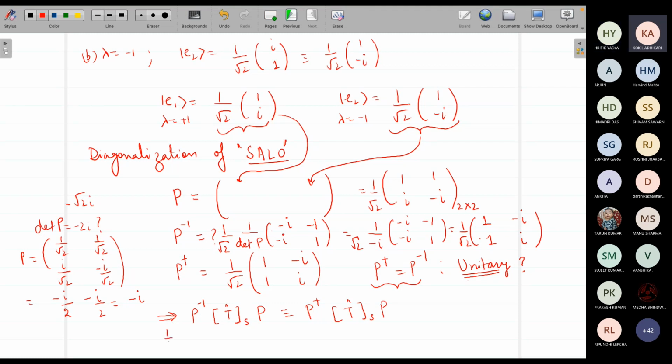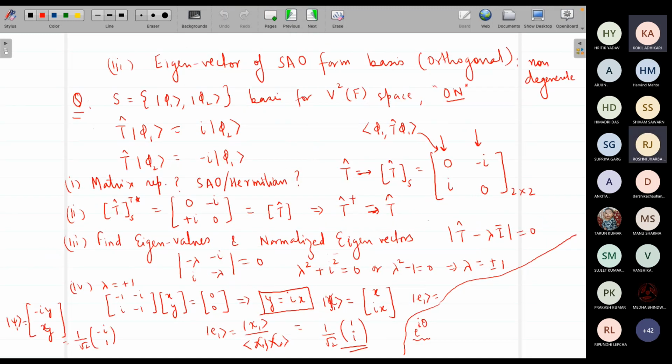So 1 over 2 of P inverse or P dagger, it is one and the same thing. Why have I written 1 over 2 and not 1 over root 2? Because I have P inverse and P, right? And what was our matrix T? Let's go to the previous page and see. It was 0 minus i 0.